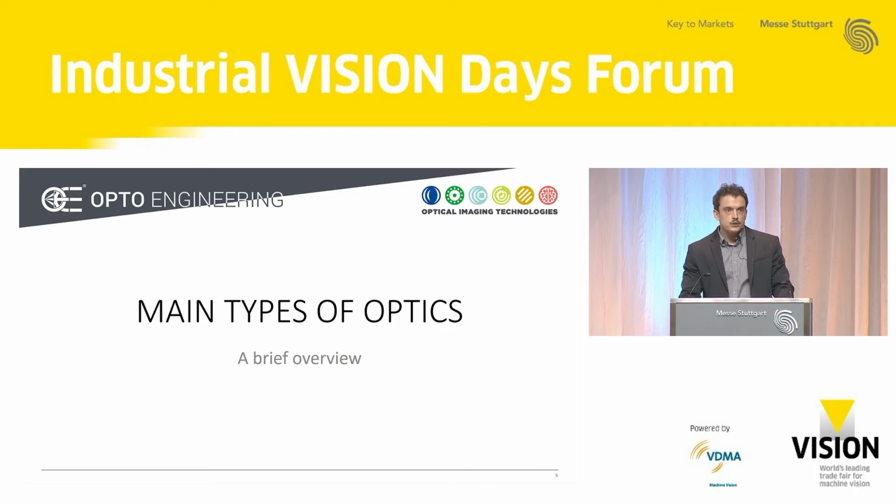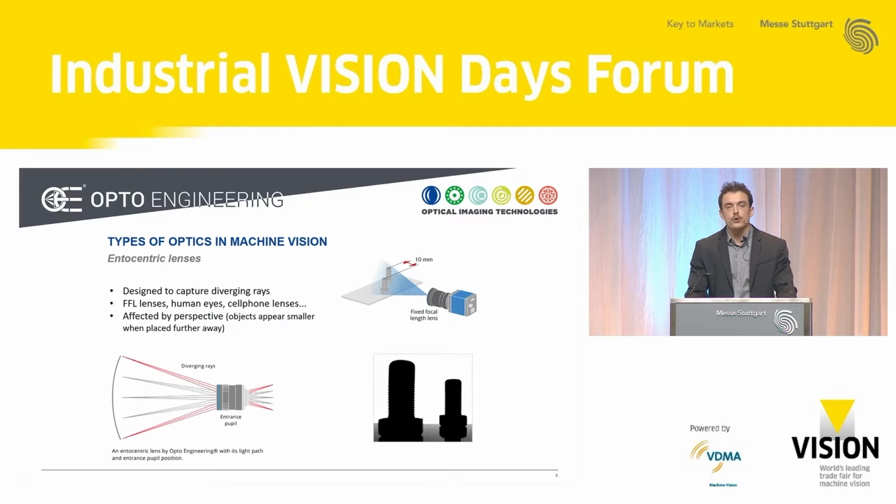In order to better understand the topic of the presentation, let me briefly give you an overview of the main types of optics that are employed in machine vision. Starting from those that are known as entocentric lenses, which is basically a complicated term to say that they work like our own eyes do.